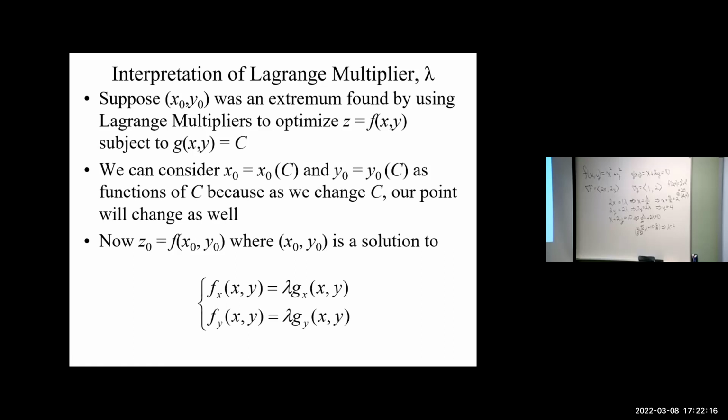points. All right. Now, suppose z0 is the solution. So z0 would be the 20. Right now, the answers are (2, 4), and the minimum is 20. But we're going to pretend we can move the 2 and 4 around and talk about how the 20 changes in comparison.